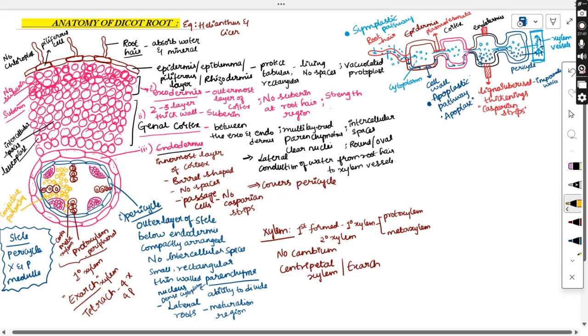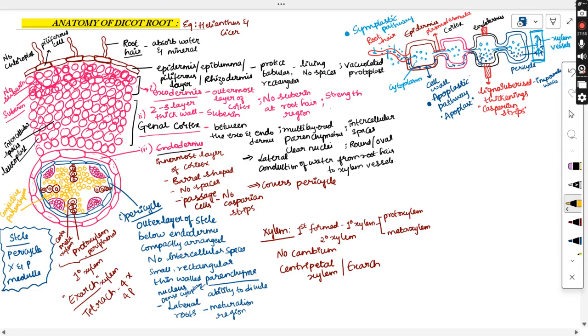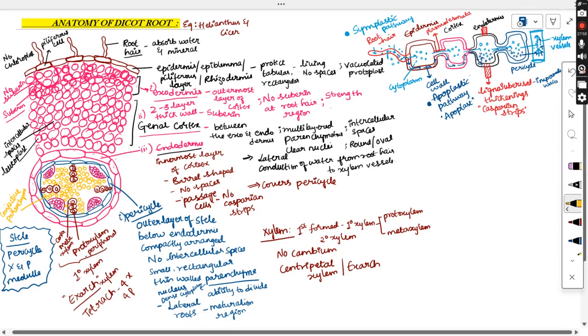We will be discussing what is the function of this as well. So this is the ground tissue of the stele, the remaining whole part wherever the vascular bundles are not there. In between the vascular bundles of xylem and phloem, you can find a tissue called conjunctive parenchyma.